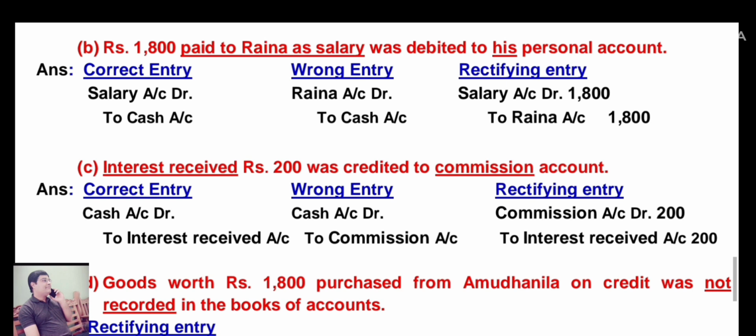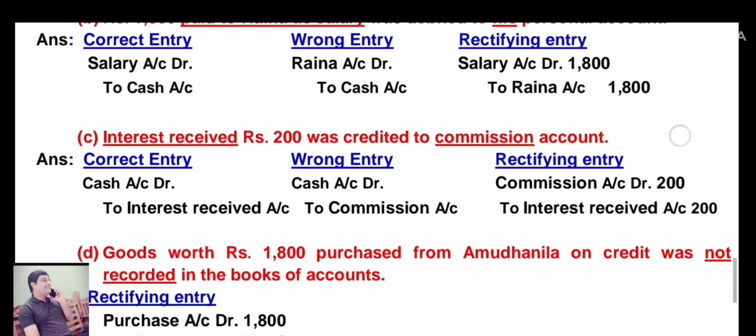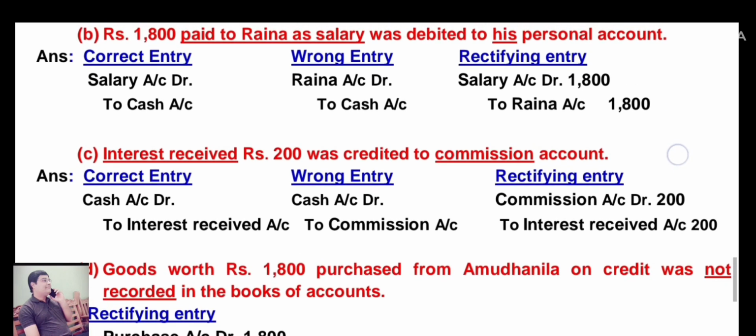But what was wrongly done? Raina account debit to cash account. So if you want to rectify the entry, first we have to see the correct entry, salary account debit. Now Raina, written in the wrong entry on the debit side, we have to correct it and write it on the credit side to Raina account. So now it is rectified.